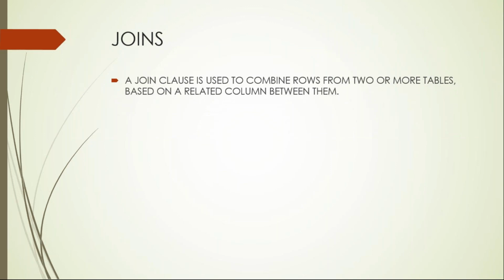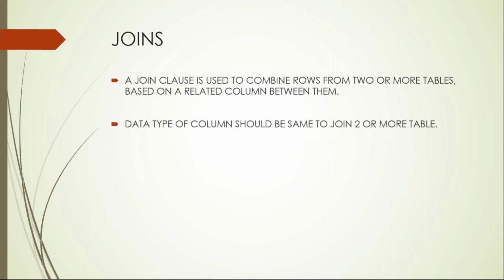What is join? Join is a clause. It's used to combine rows from two or more tables based on a related column between them. Like primary keys, foreign keys, yesterday we did, department numbers were the same. There we can use the join.